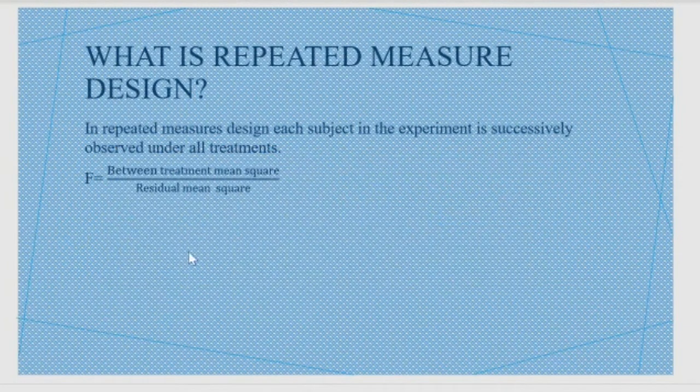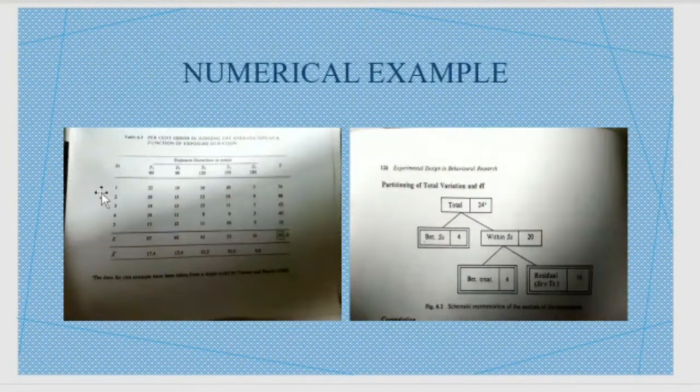Here we are interested to know whether these treatments are different from each other or not. The between treatment mean square is our true variance, and error variance means any difference caused by some other outside factors, or extraneous factors, which create differences between different situations. So we are not interested in knowing the effect of the residual variable.